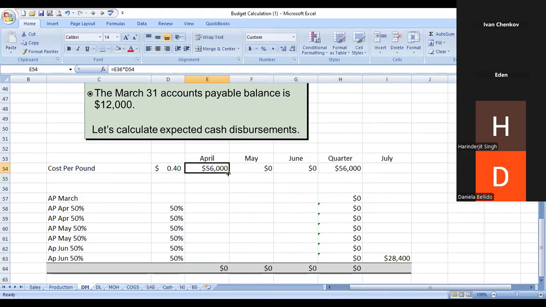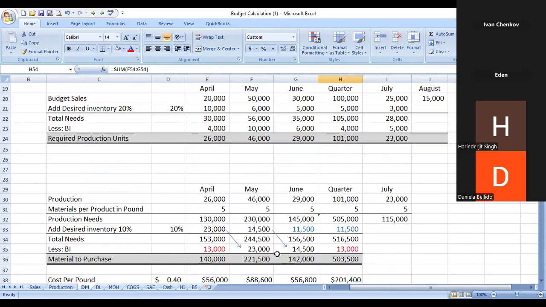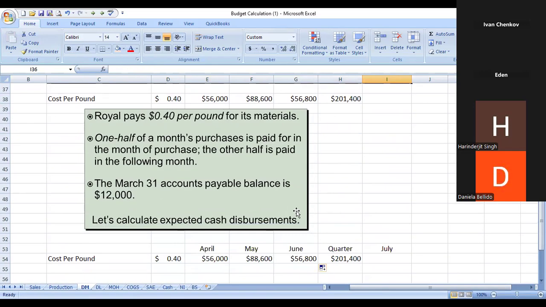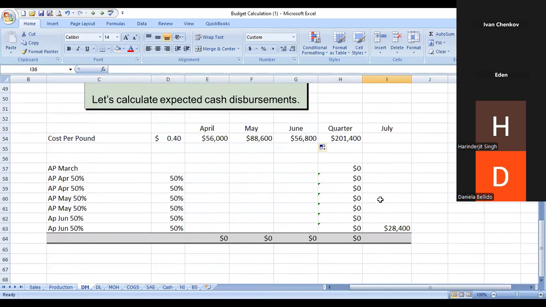That is 56,000 for April. For May, that's not going to be the number; I have to lock this one with F4. 56,000 in April, 88,600 in May, and 56,800 in June. In total 201,400. And let's see July. In July I need those, but I don't have them, so we're not going to do it for July right now. We don't need July.